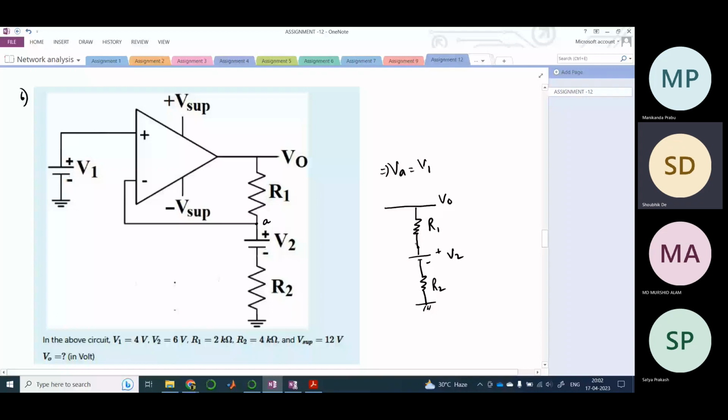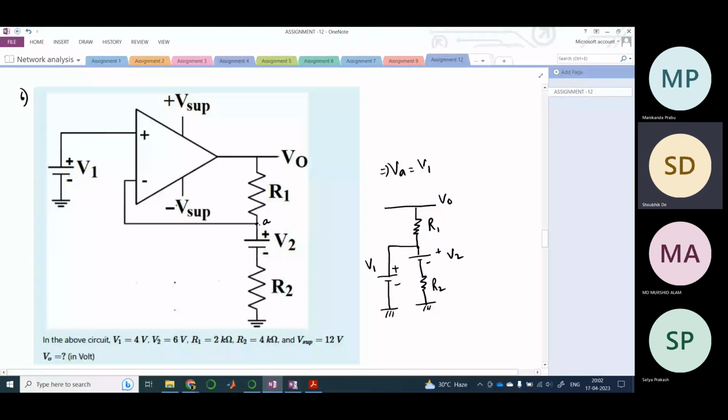Now the potential at this node with respect to ground, because this is ground, VA would be V1.